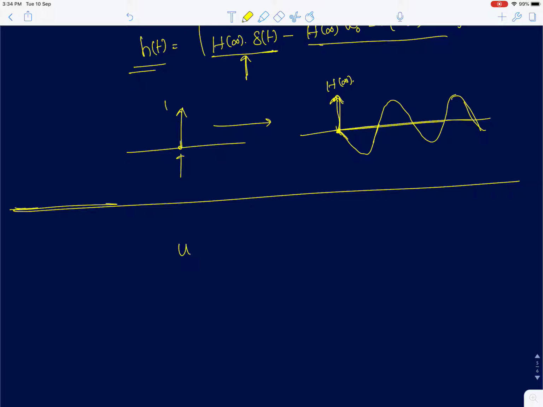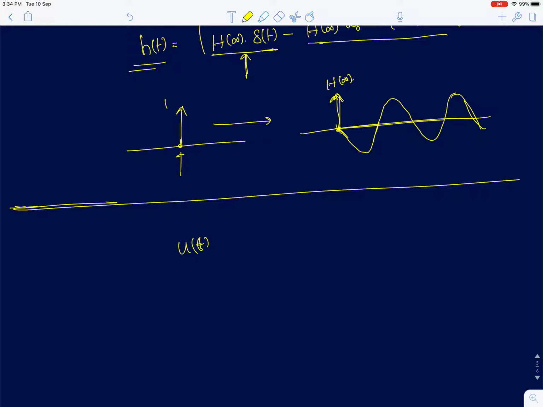Now we'll feed in a step input u of t and see what the response will be. The system is h infinity into (s by omega naught) the whole square by (1 plus s by omega naught) the whole square.